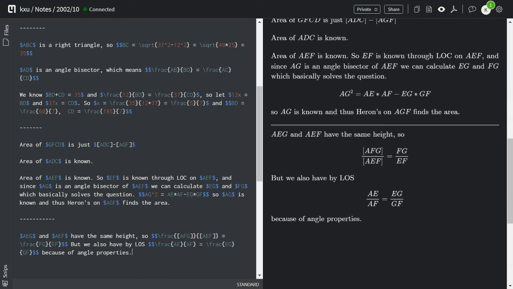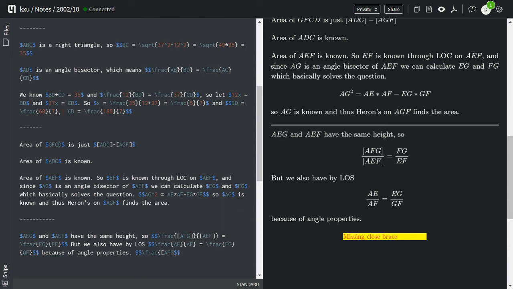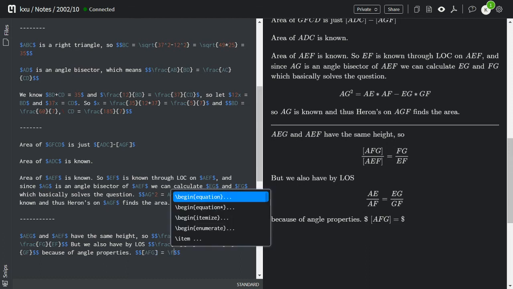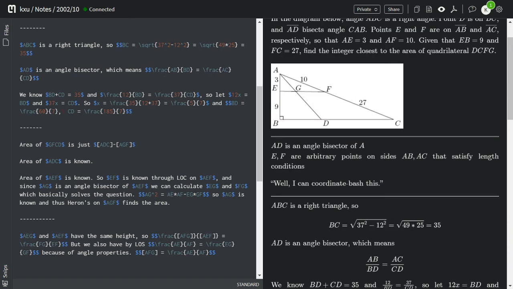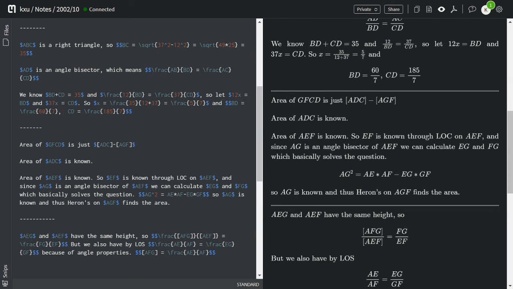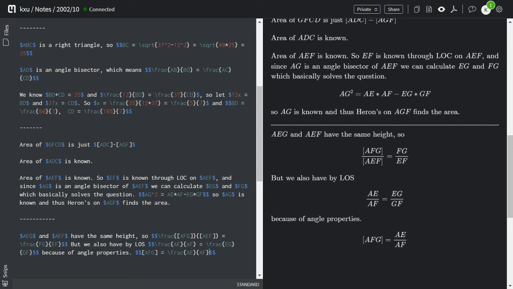But because of this, using these two equations, you get that the area of AFG is equal to AE over AF, oh, okay.